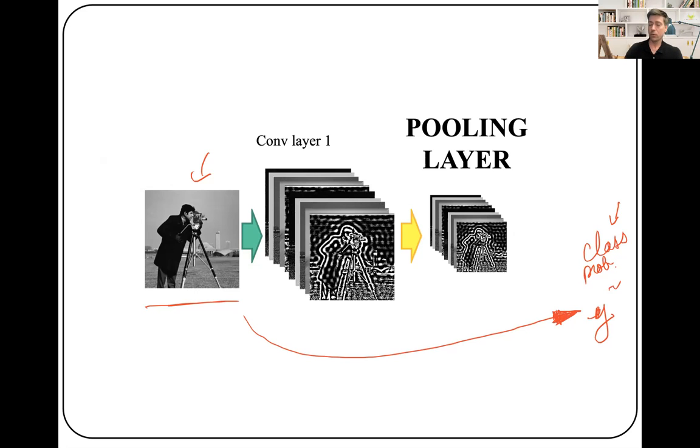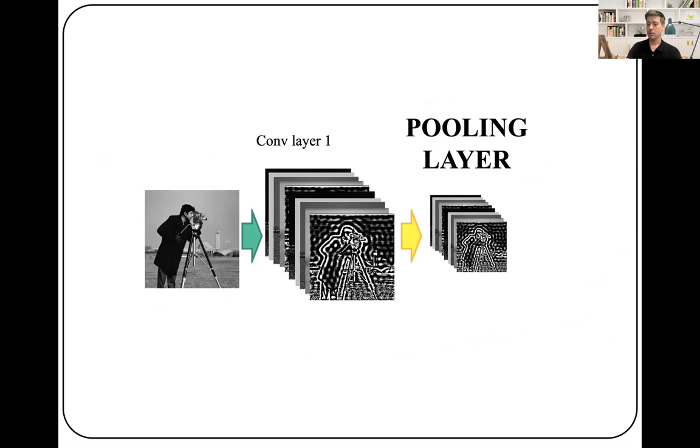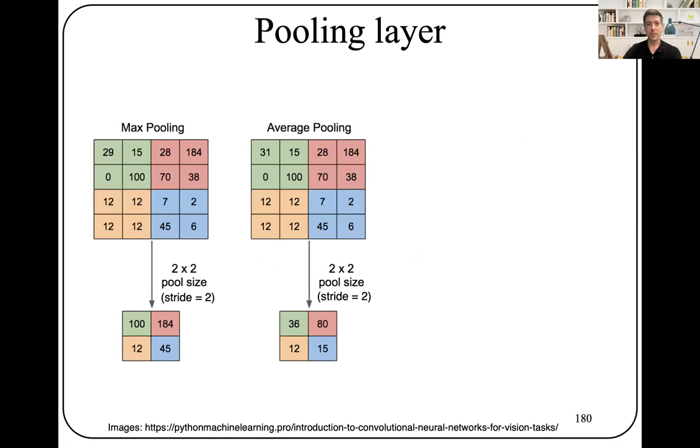So in order to go from an image to a scalar, we need to basically reduce the size of the features gradually, until we get to this single value or single vector. And the way to do this is to use a pooling layer. So what is a pooling layer? You can think of it almost like a convolution operation, except there are 2 differences.